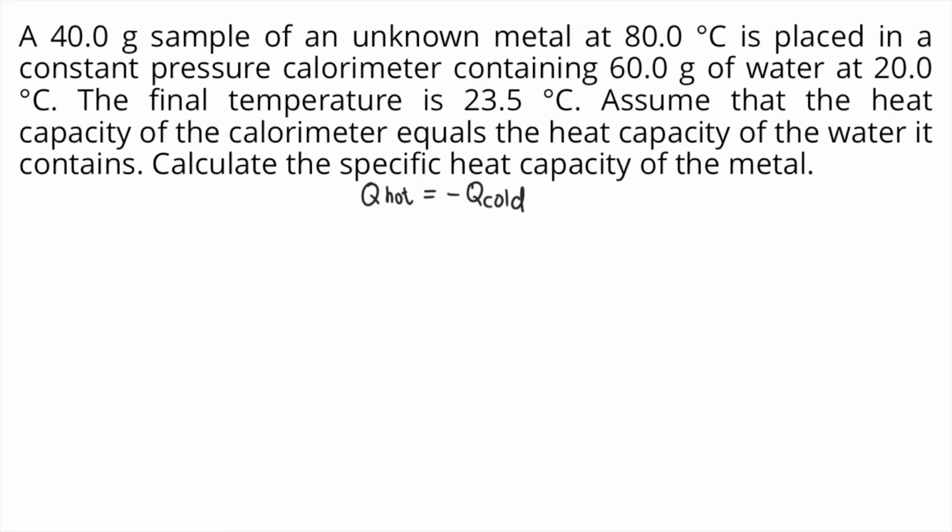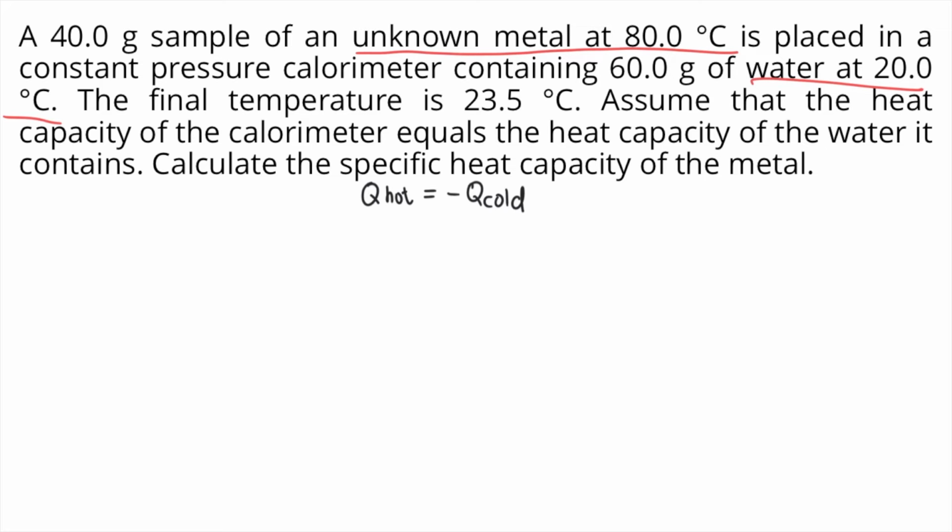In this problem, we have two substances, the metal and water. How do you determine which one's hot and which one's cold? You look at their initial temperatures. The unknown metal is at 80 degrees Celsius and water is at 20 degrees Celsius. So obviously, your hot substance is the metal and your cold substance is water.